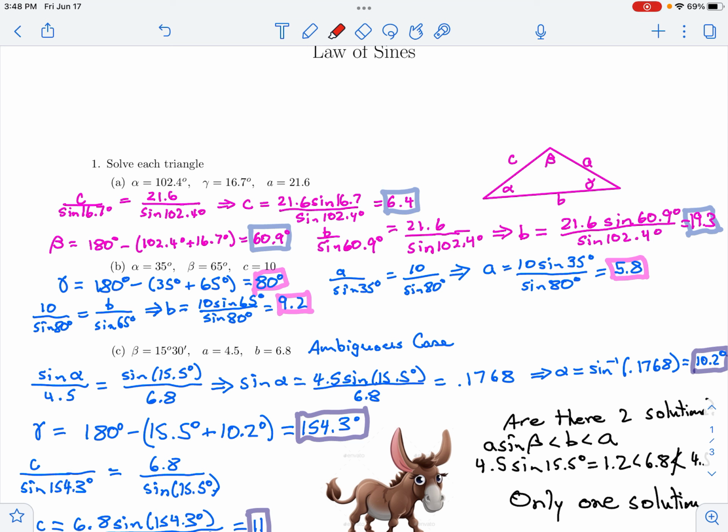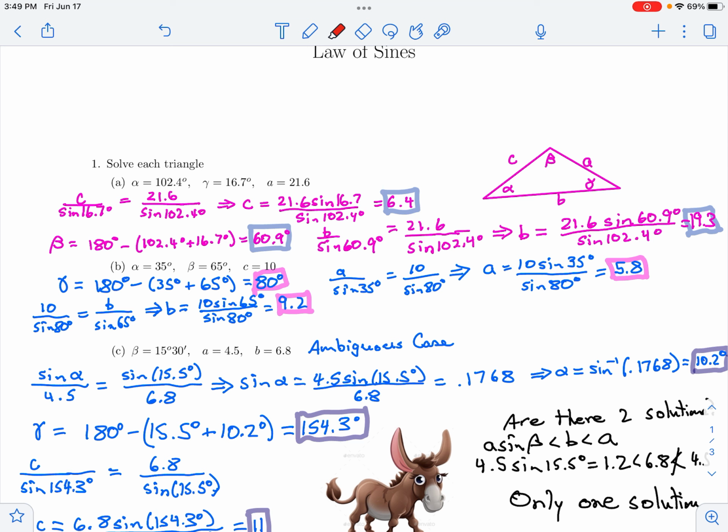So I start off here, I'm going to find C. Notice what I do, I take C over sine of gamma, and set it equal to 21.6 over sine alpha. I just use those ratios, solve for C, and I get 6.4.